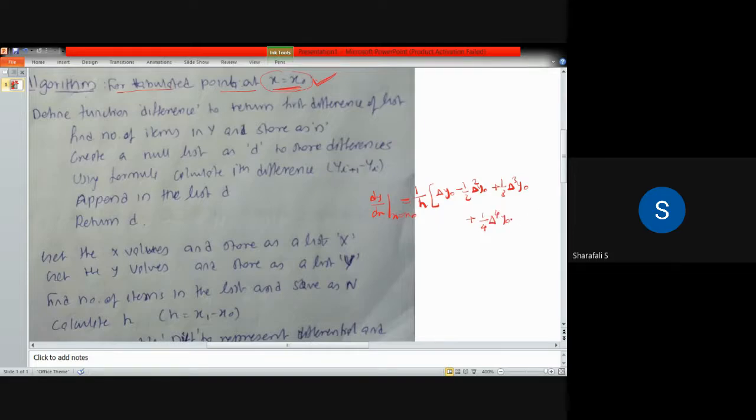So this much of the term, or in general it is going. In the previous case, we will be having up to delta raised to 4. Anyway, so this is the general term.